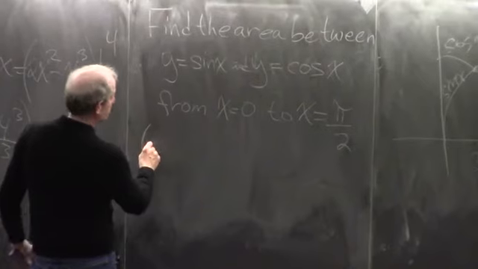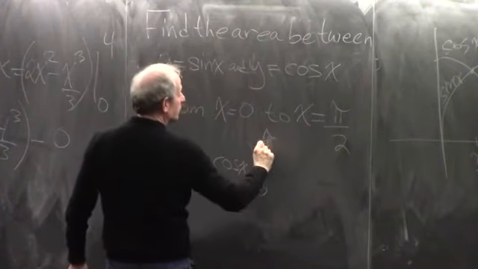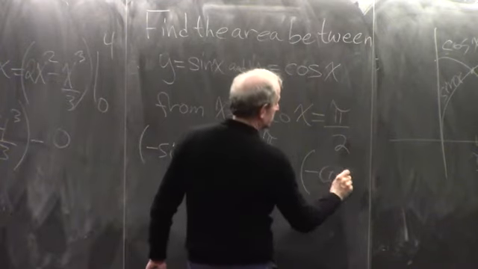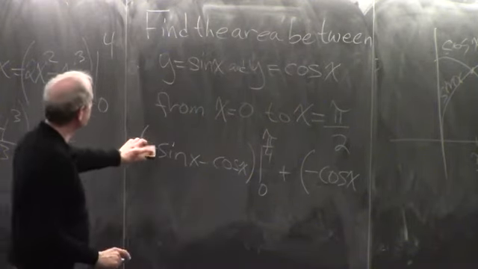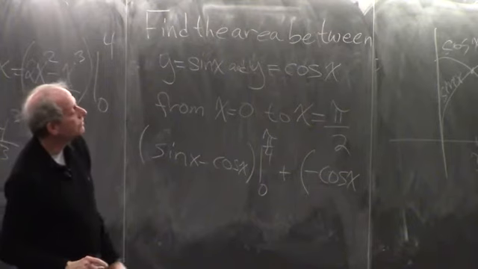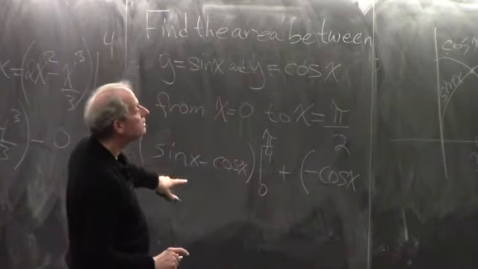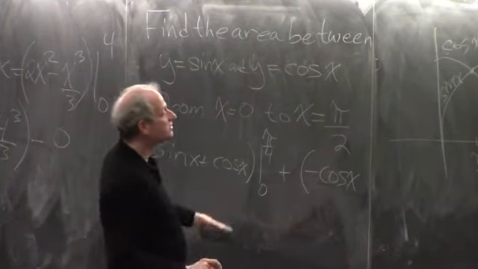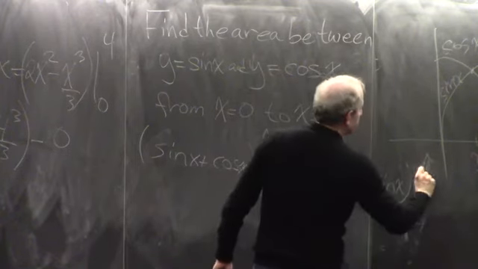So you get sine x plus cosine x from 0 to pi over 4 plus minus cosine x minus sine x from pi over 4 to pi over 2. Sorry, I mixed up the signs there.